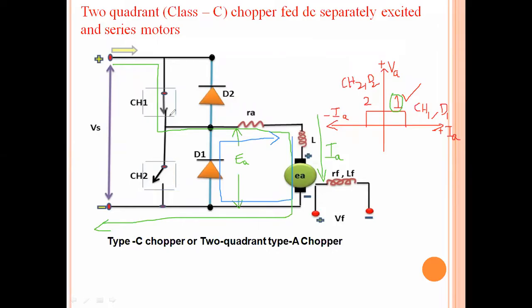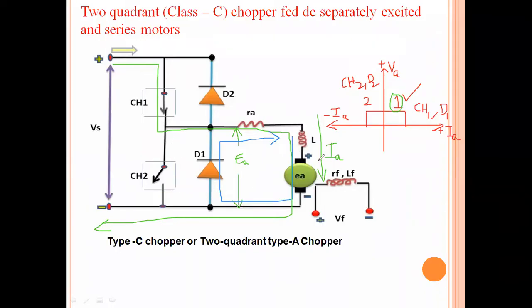If this switch is turned on, then there is no supply coming from the source, because in second quadrant operation, the supply will be generated by the load. So load itself generates the energy and feeds back to the source. Okay, so how it will happen, let's see.